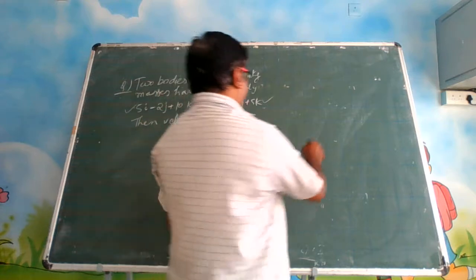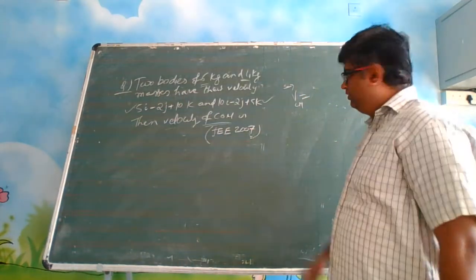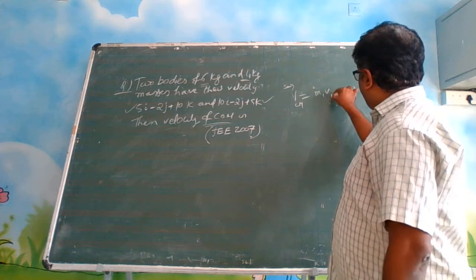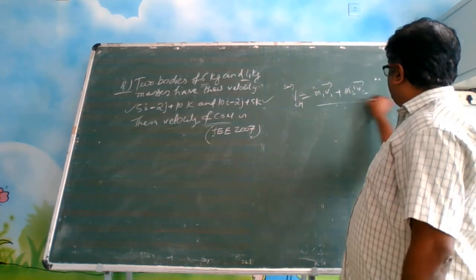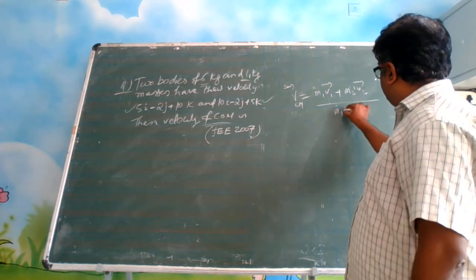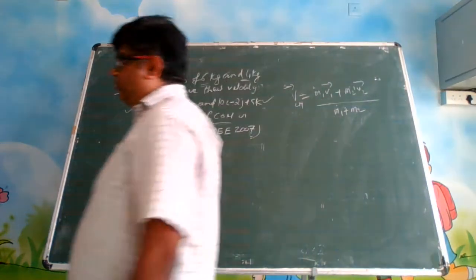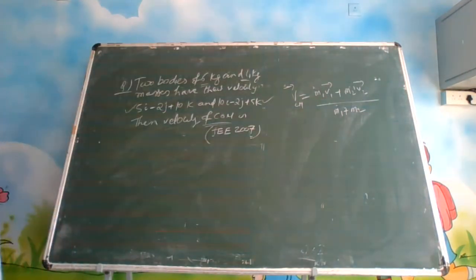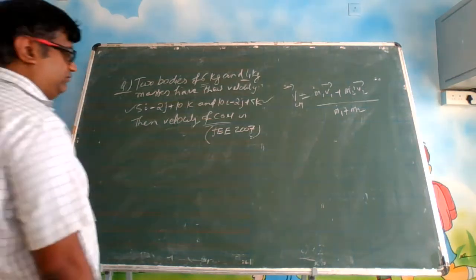Simple. So here we have seen velocity vector of center of mass is equal to m1 v1 vector plus m2 v2 vector divided by m1 plus m2. m1, m2 are just scalar things, they don't have any direction. They are just masses. Okay? Weight is not a scalar, it is a vector.